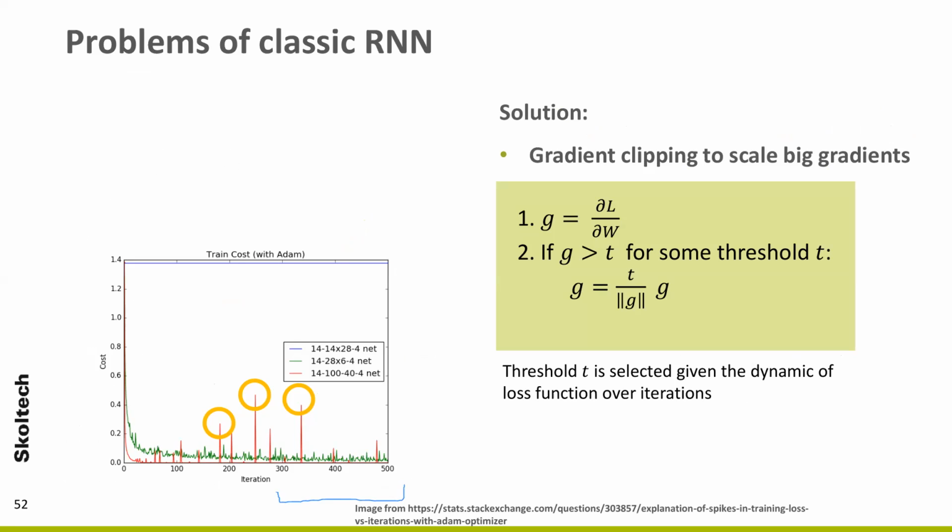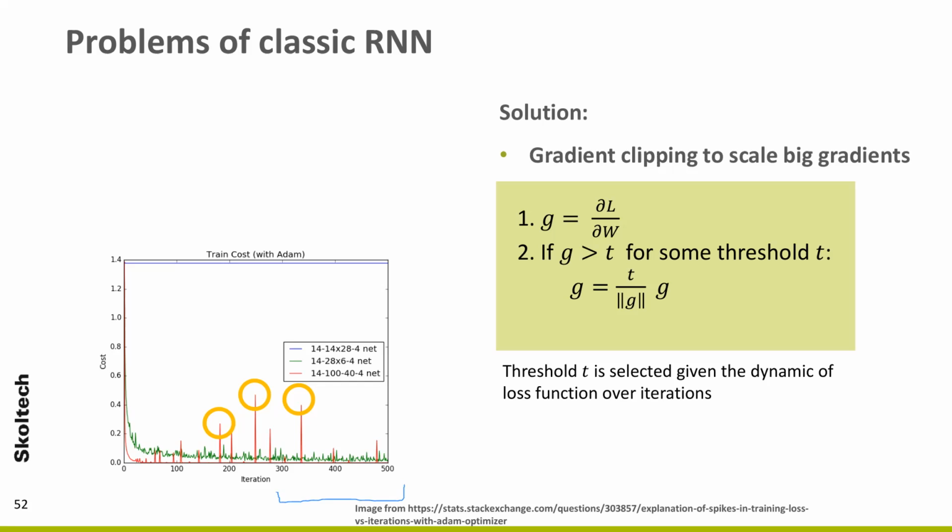Another problem is that we sometimes have very large gradients. Maybe we move in the wrong direction and so on. This is an example of how we train a neural network, with this red loss function. Sometimes we have very strange spikes, related to very large values of the gradients.